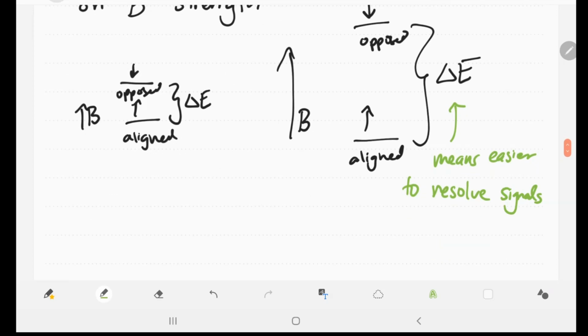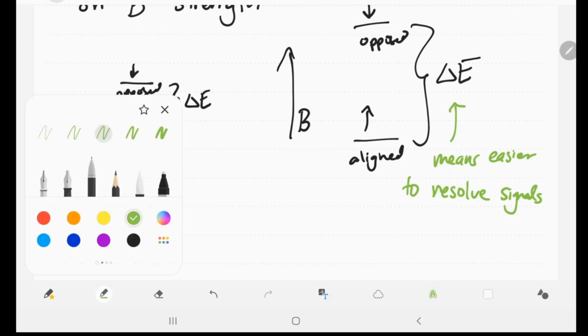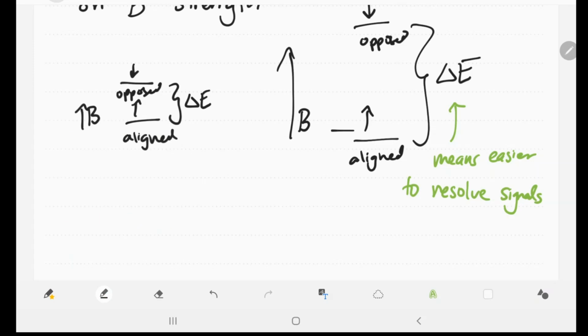And the reason for that is because if they're smaller, very similar nuclei will kind of overlap together. And the farther apart you make them, it makes it easier to detect when one is... Here, I'll do something like that for a slightly different nucleus. So with a slightly different environment.